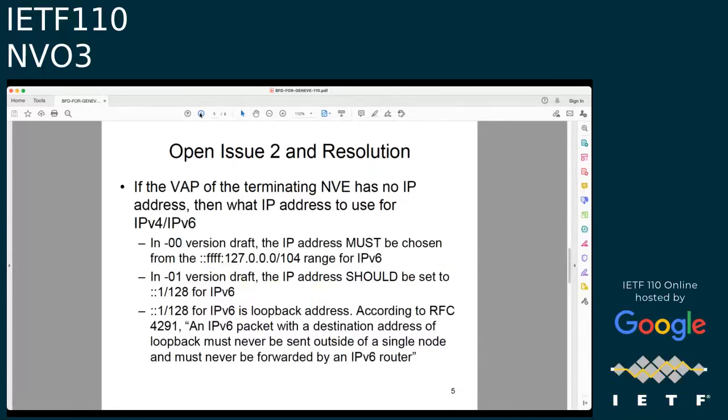In this scenario, the used IP address for IPv4 doesn't change. It should still be selected from the range 127/8. If there's also a suggestion to change the used IP address for IPv4, please let us know. Next slide, please.